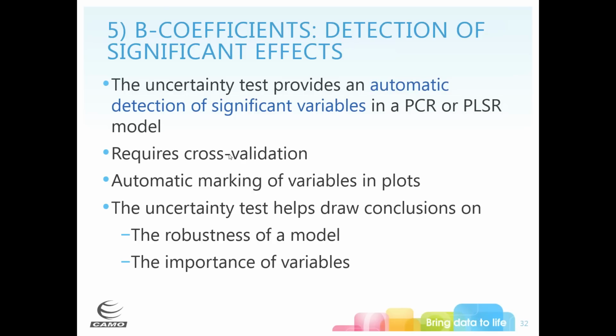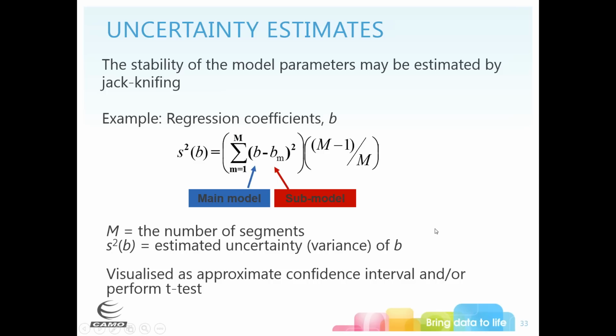And in The Unscrambler, we always do a validation. If it's cross-validation or a test set validation, every model that you build will have a validation. It automatically marks your variables in the plots, and you can turn those on and off depending on if you want to use that or not. So this uncertainty test helps you draw your conclusions on the robustness of the model and the importance of those variables.